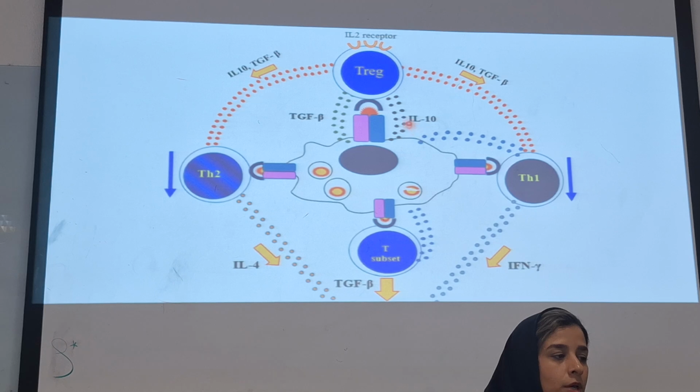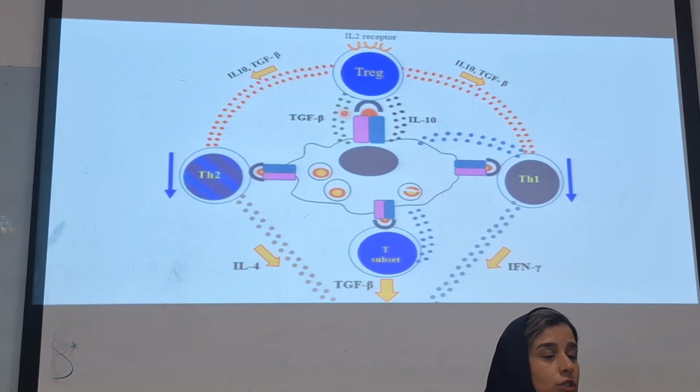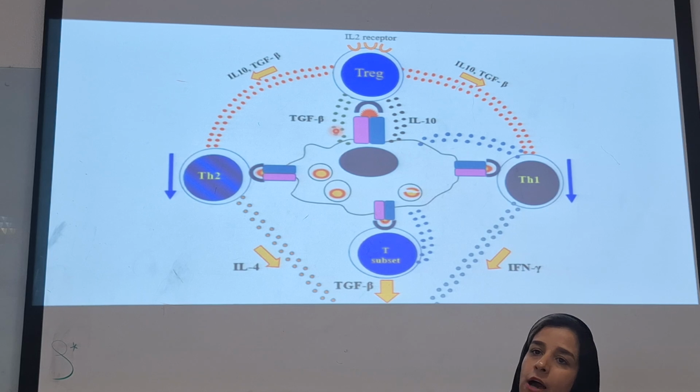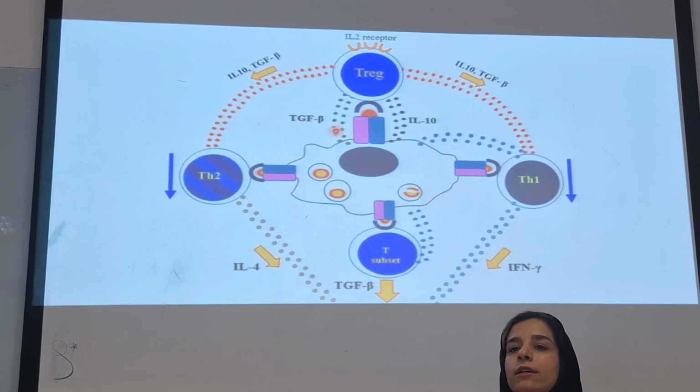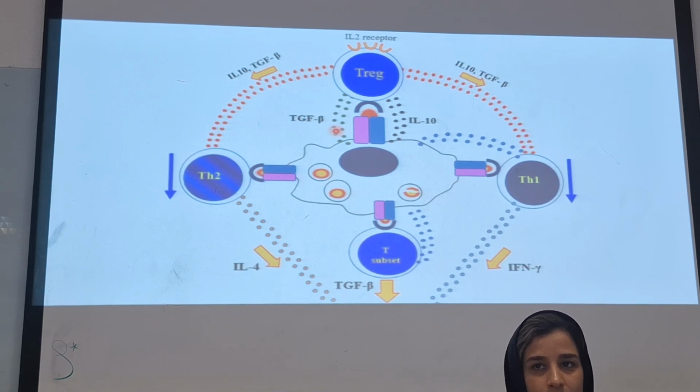So in the presence of interleukin 10 and TGF-beta, T cells differentiate to immunosuppressive T regulatory cells. Okay?